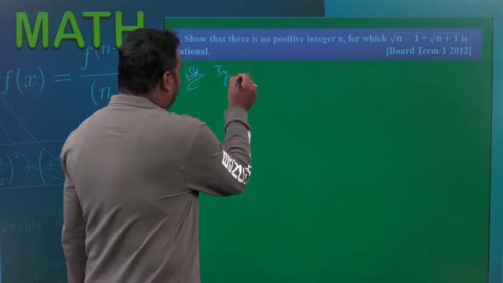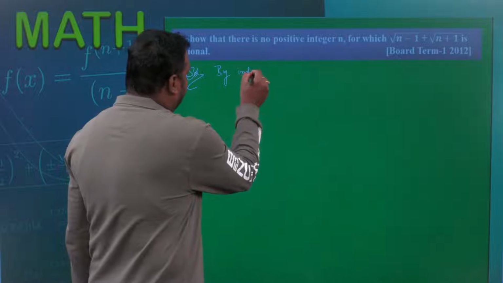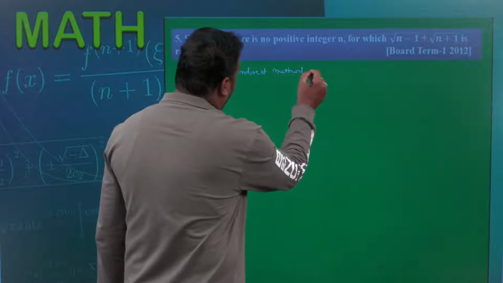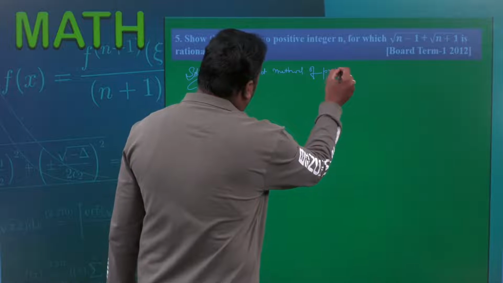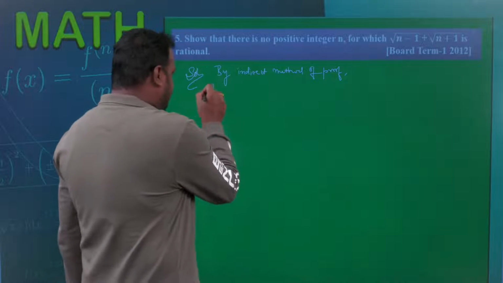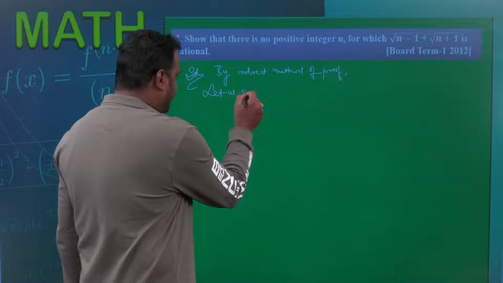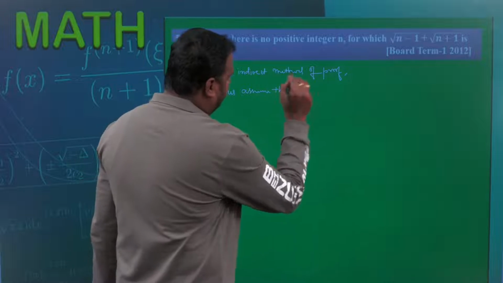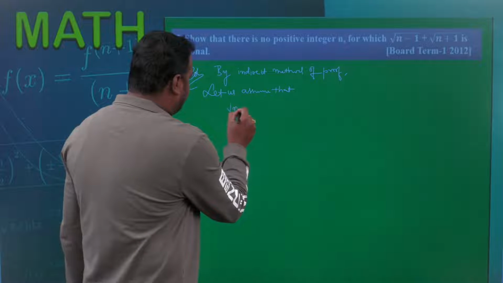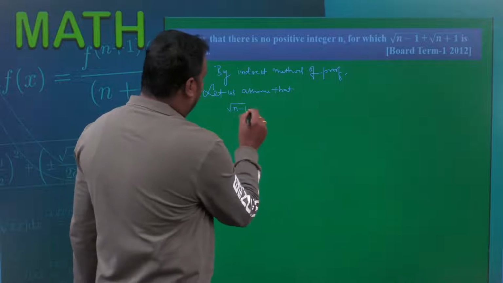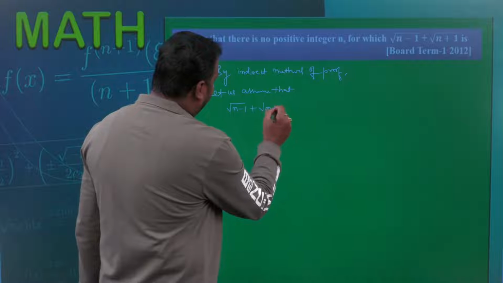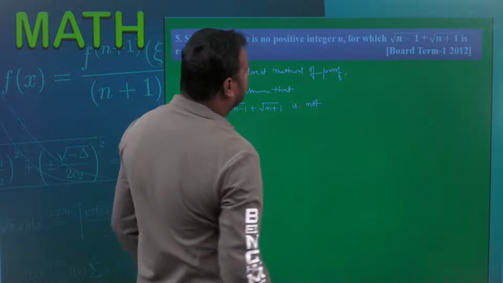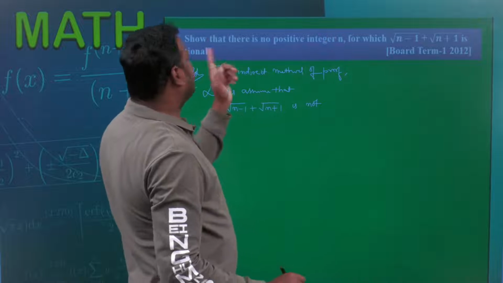So by indirect method of proof, let us assume that the number root over n minus 1 plus root over n plus 1 is not, see, we should prove that there is no rational number like that.